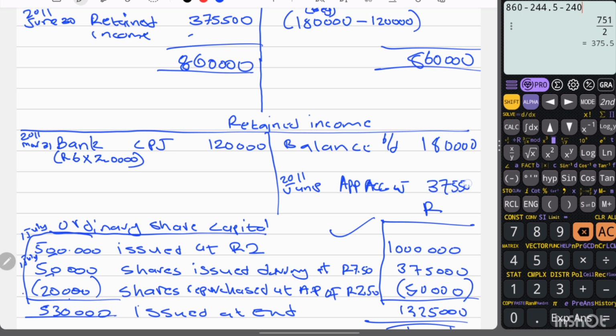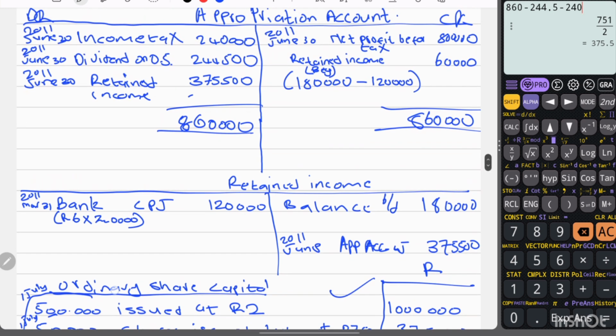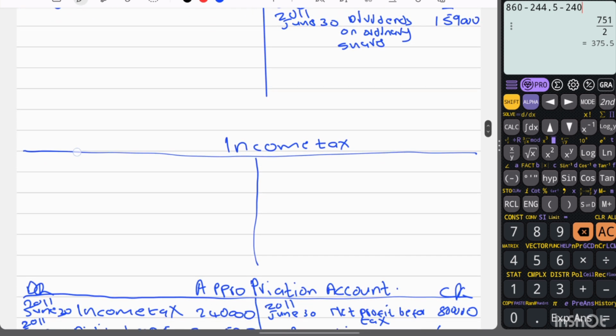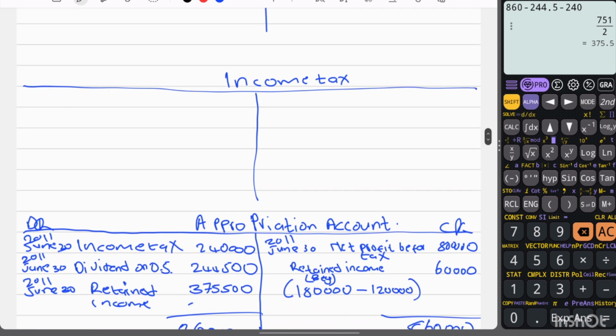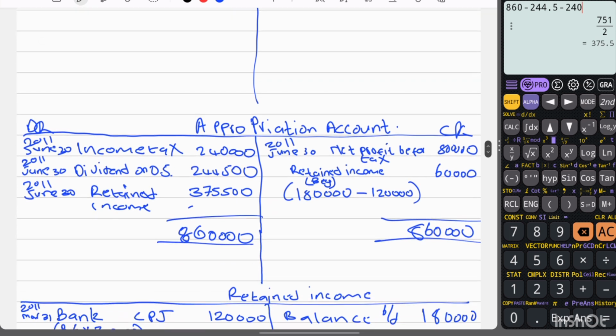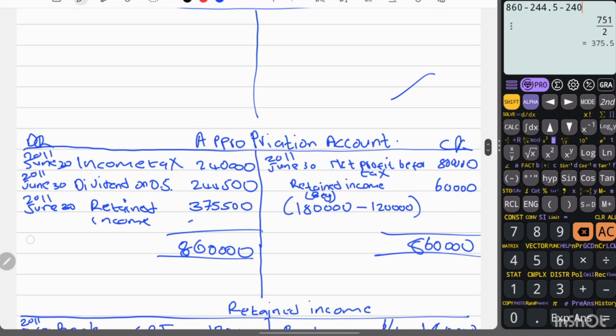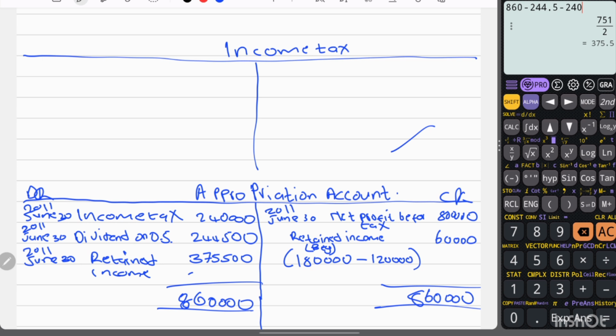Is 375,500 now. All right, then now we can just complete our return income. But everything is simple now. We can just complete our returned income now, or you can complete this one on your own. All right, let me complete it for you. This one we all know this is debit, this one is a credit side.